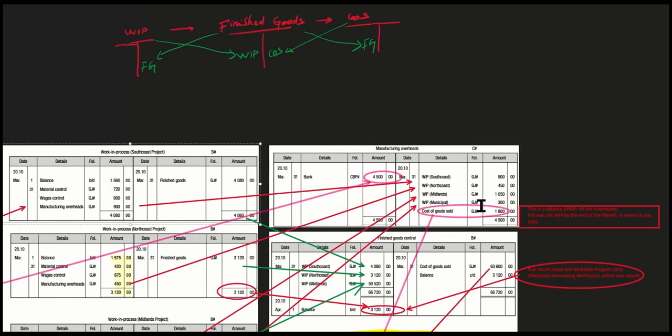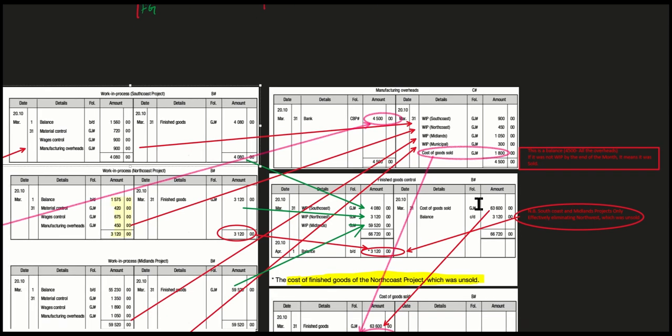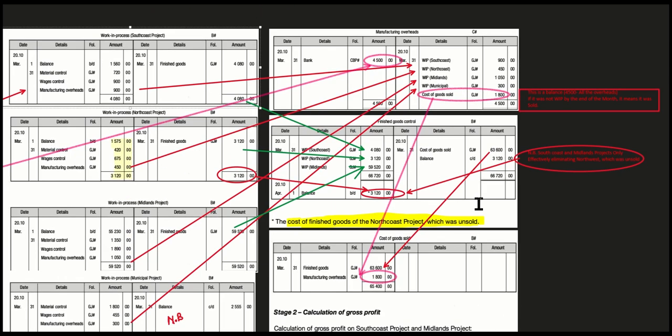So when we come back here, for the manufacturing overhead, we have what is in process, but we also have what we cannot account for. If we cannot account for it, it means that it was completed and probably it was sold.